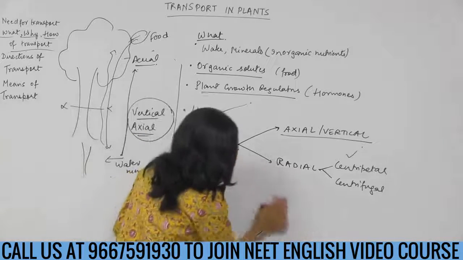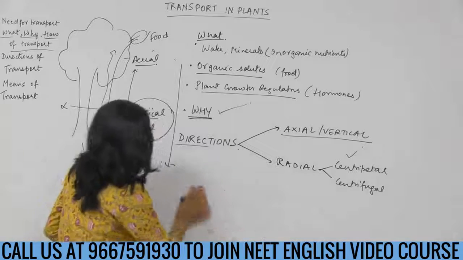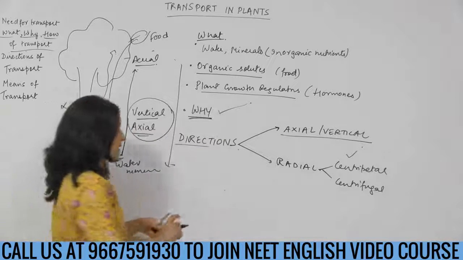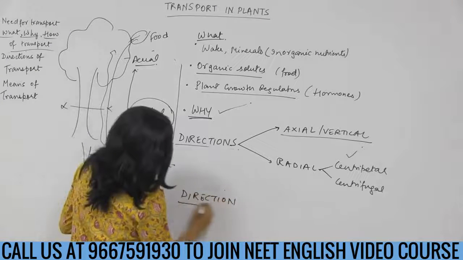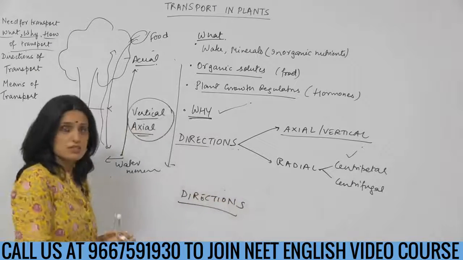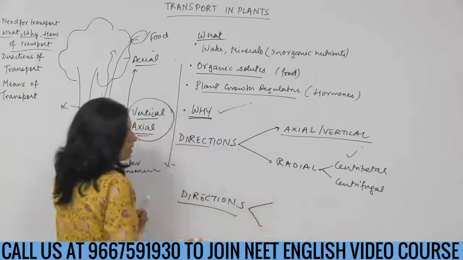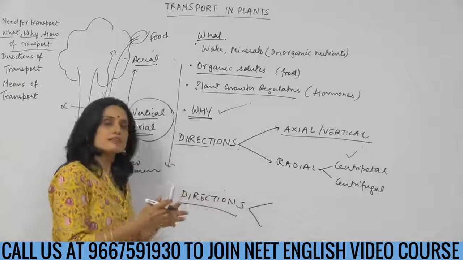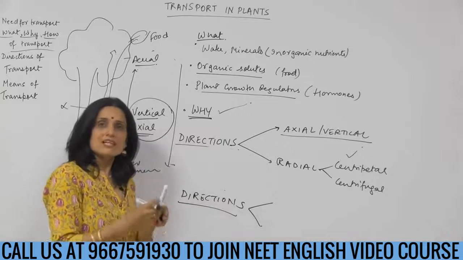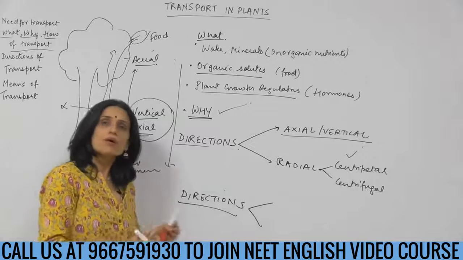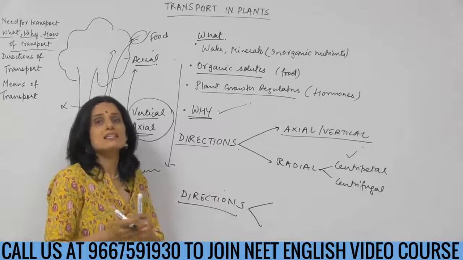Now also when we talk about the directions of transport, we will talk about another aspect of the directions. Now when we say that the plants transport their substances within themselves, it may be either unidirectional or bi- or multi-directional.